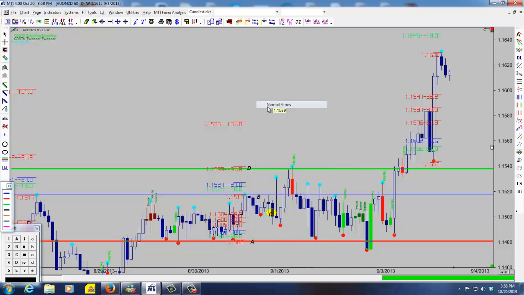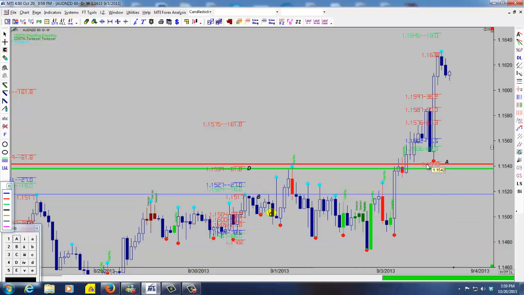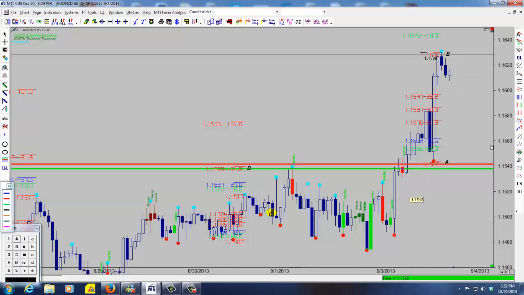I'll go back to normal here. So we want to take our A line here, bring it up here. Okay. We're going to take our B, bring it up to our B line here. It's a pretty wide range, which is good. Okay. C.